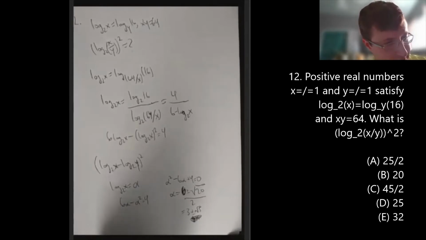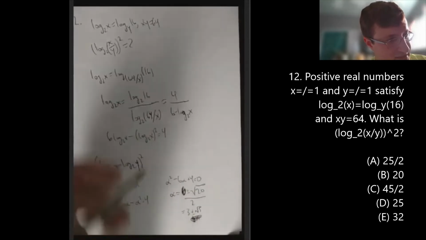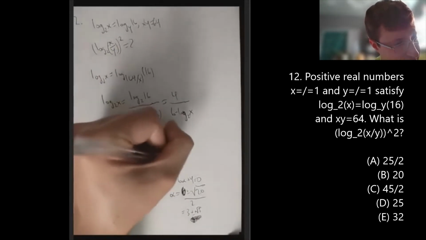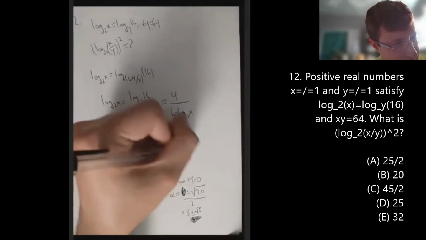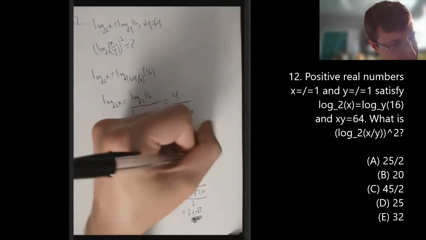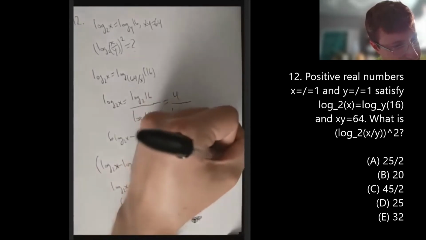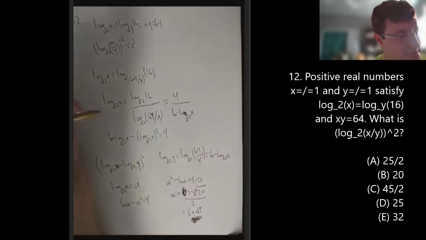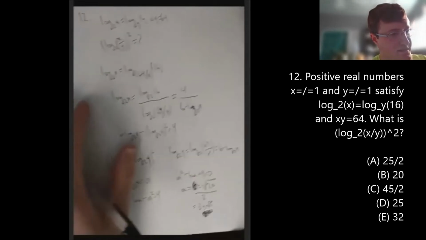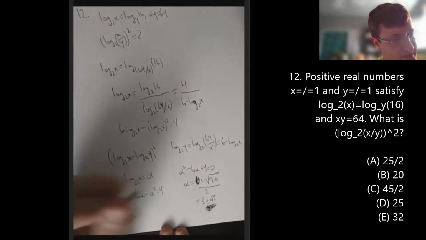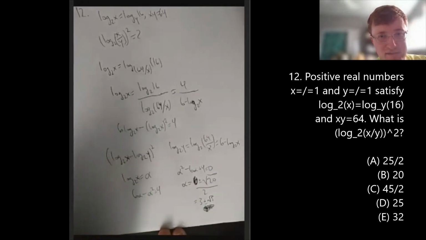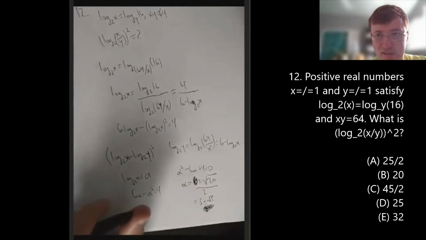I don't know which one of those it is, but then remember log base 2 of y is log base 2 of 64 over x. So it's 6 minus log base 2 of x. So it's just going to be the other root of the quadratic.